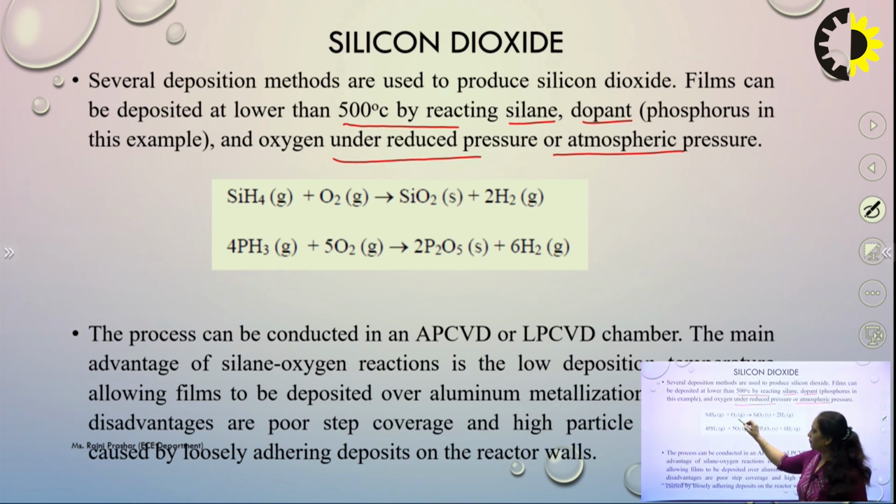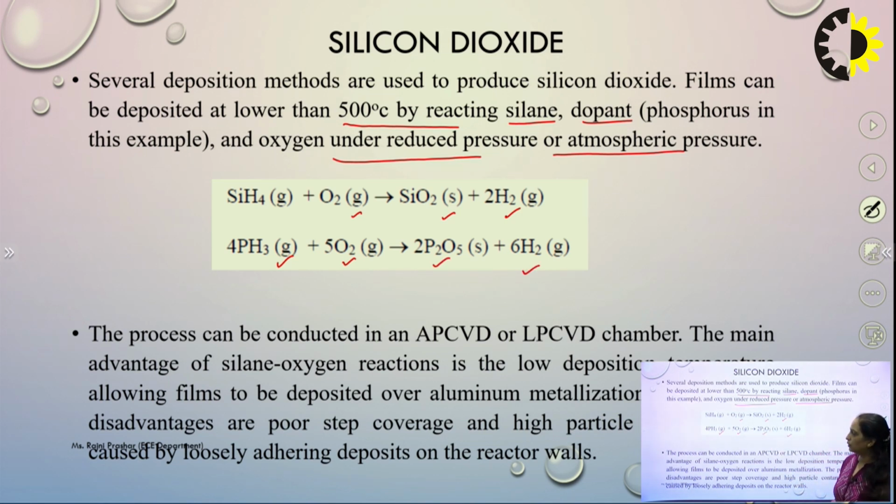When silane is reacted with oxygen, we have silicon dioxide and hydrogen gas as a residual gas. When phosphine is reacted with oxygen, we have P2O5 with 6 times hydrogen. This process is conducted in an APCVD reactor or LPCVD reactor chamber.